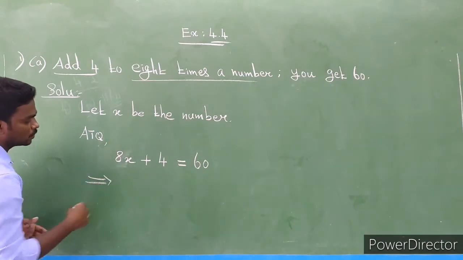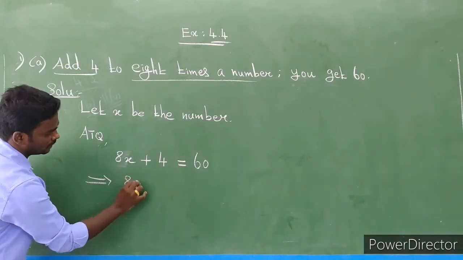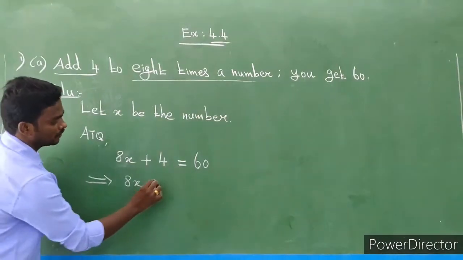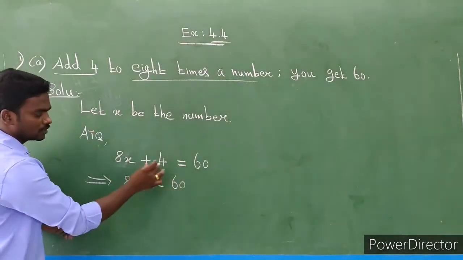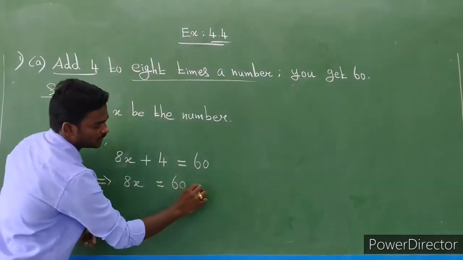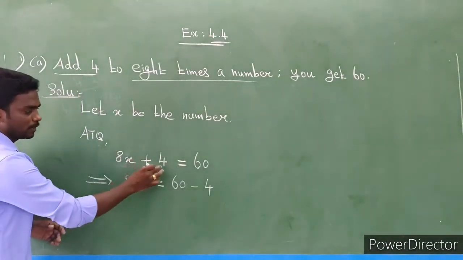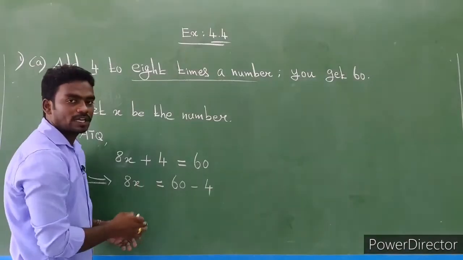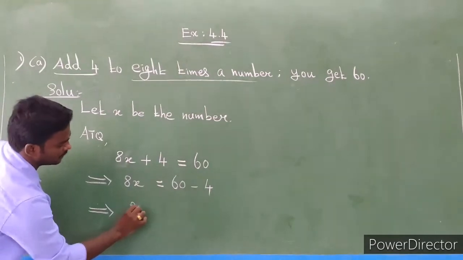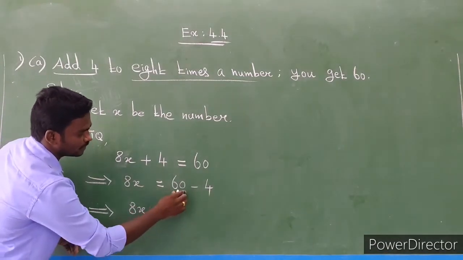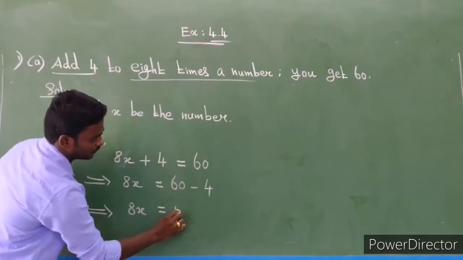How to solve this? Keep the value 8x on the left side, and the right side value is 60. This plus 4 is transposed to minus 4 on the right side. What is the value of 60 minus 4?